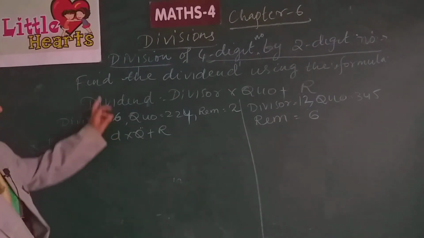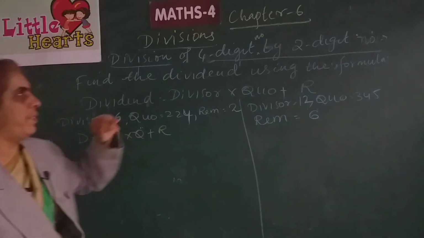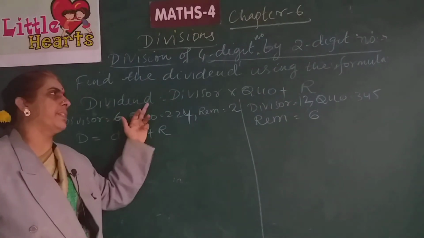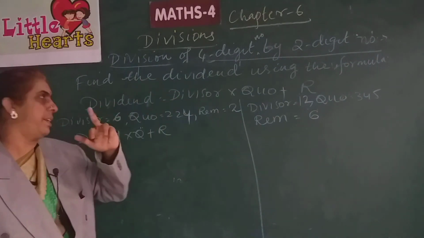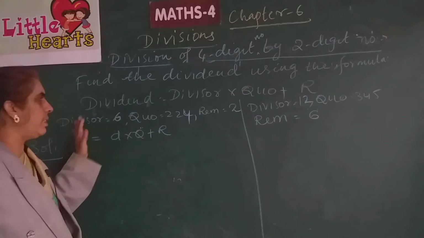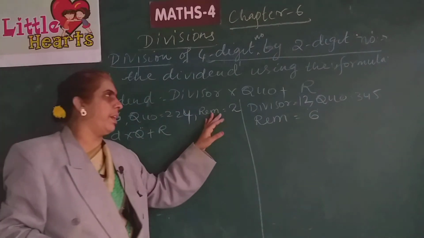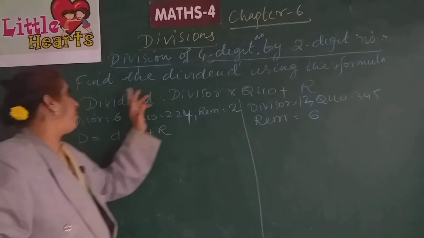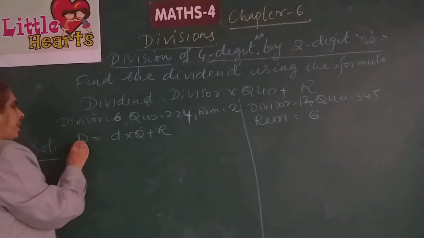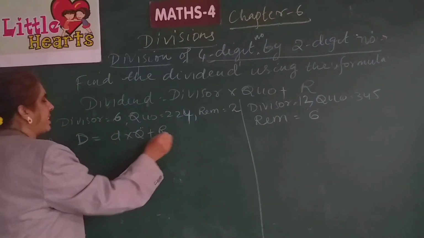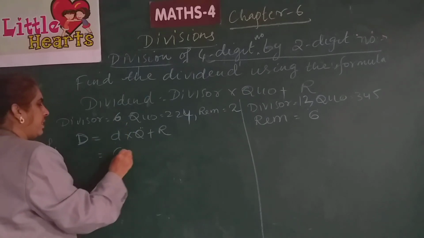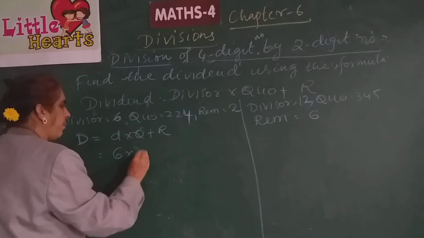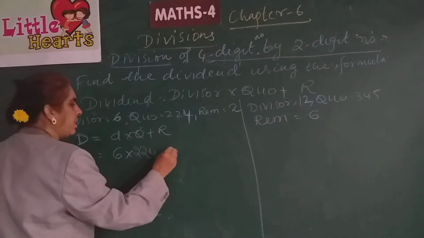Yes, children, find the dividend using the formula. For the verification of division, we use the formula: dividend is equal to divisor into quotient plus remainder. Here divisor, quotient and remainder are given. Using this formula, you have to find the dividend. So dividend equals D into Q plus R. Here D is 6, Q is 224, R is 2.